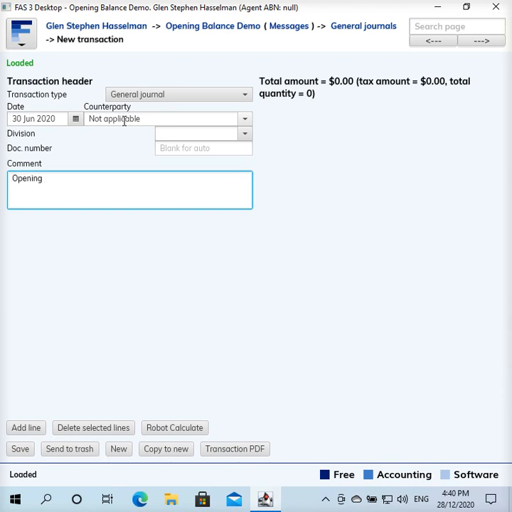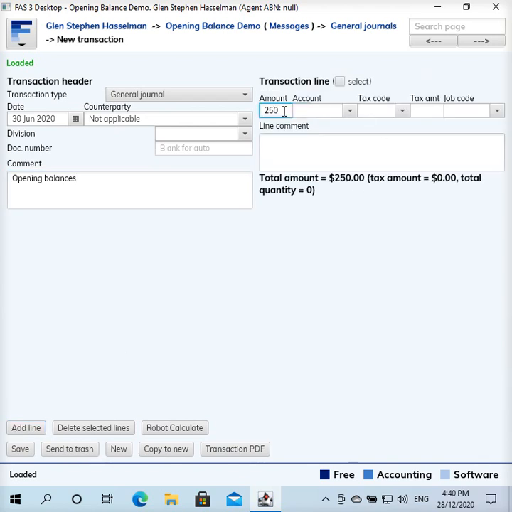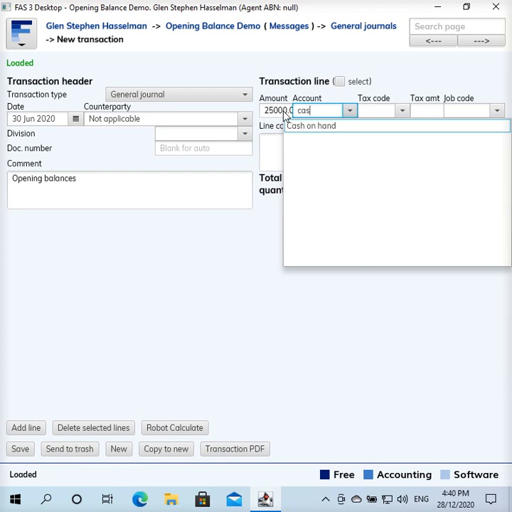Opening balances. So we need to debit cash on hand by 25,000 to zero it out.